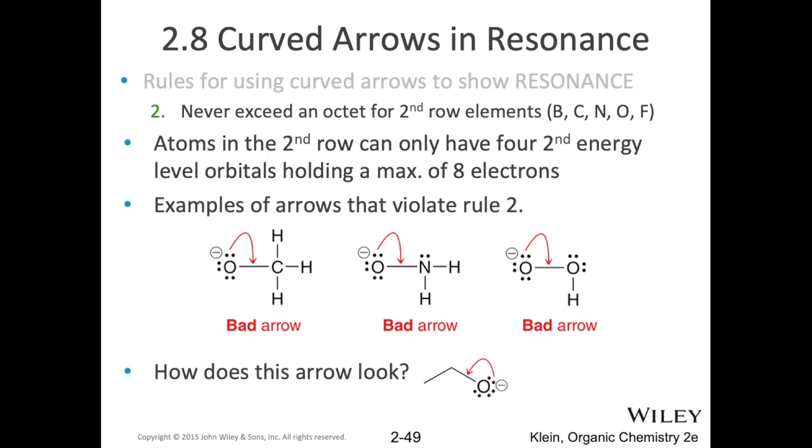However, period 1, which is hydrogen and helium, follows a duet rule, and period 2 includes elements that only follow the octet rule. You cannot exceed the octet for any period 2 elements, the second row elements.